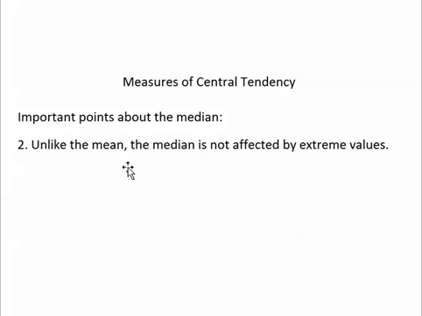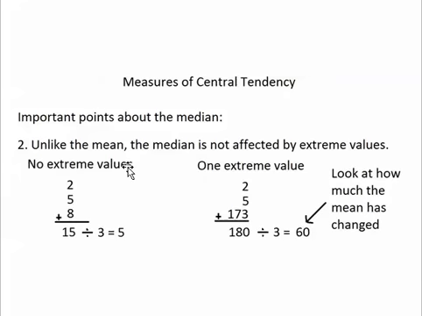The median also isn't affected by extreme values. We talked about how the mean is affected by extreme values, but the median isn't affected in the same way. For example, we saw earlier how changing the 8 to 173 made the mean go up from 5 all the way up to 60.